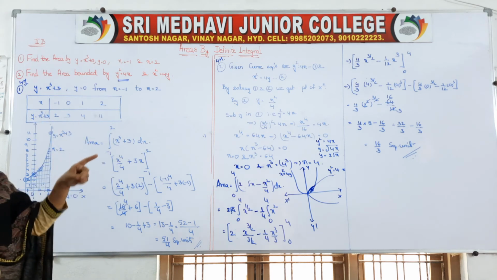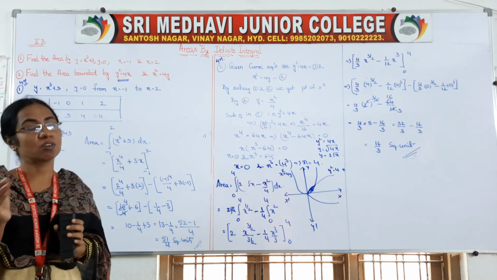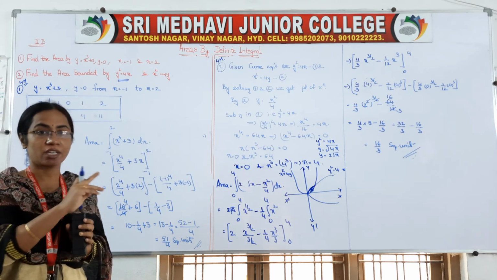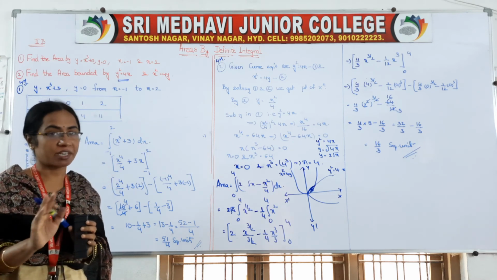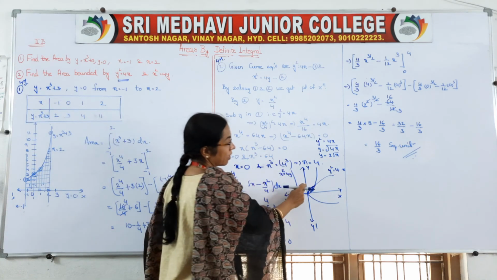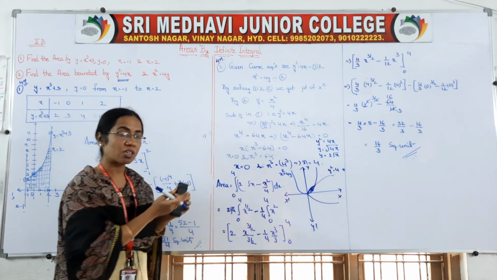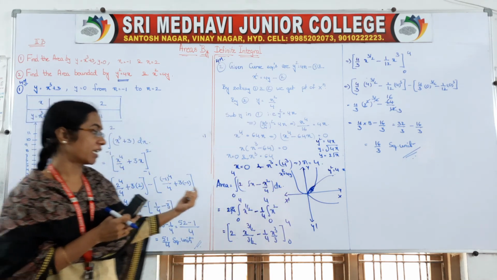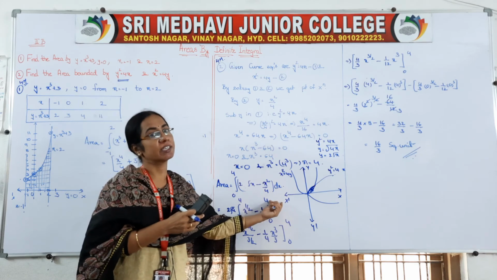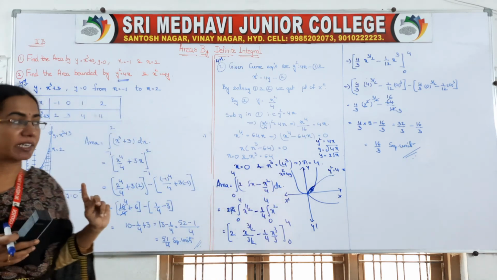Similarly, in the second question, we know the curves: y square is equal to 4x and x square is equal to 4y. We know both the curves very well, right? So just draw the curves, and after that you know which curve comes upwards. That should be taken first, then minus the second curve.